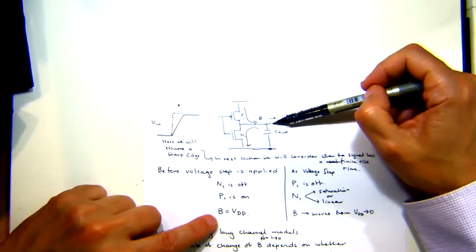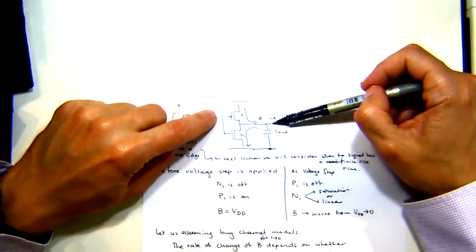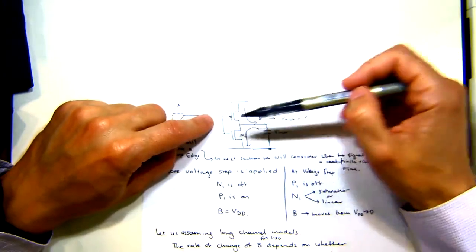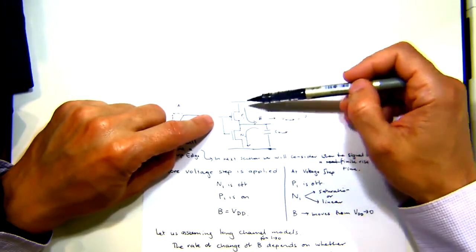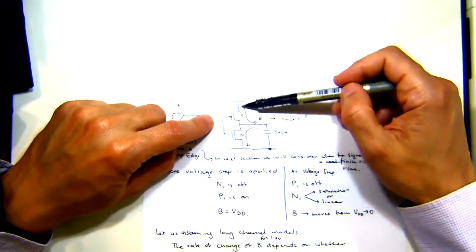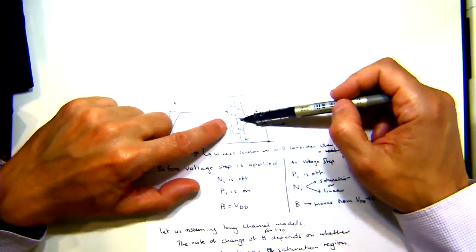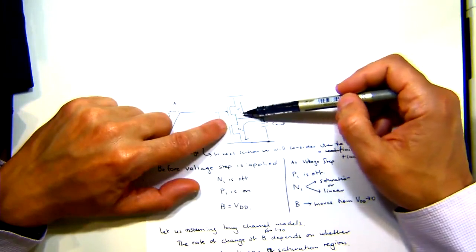What happens when I apply a 1 voltage? P1 starts to switch off, and if it's as sharp as I've got it here, P1 switches off almost instantaneously.